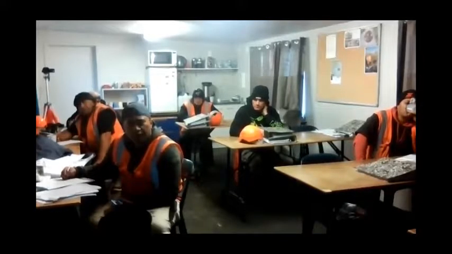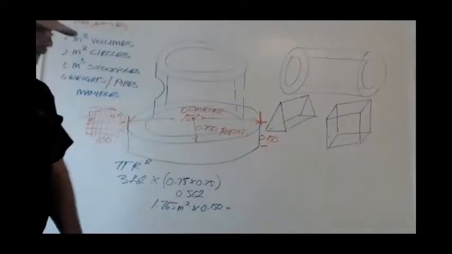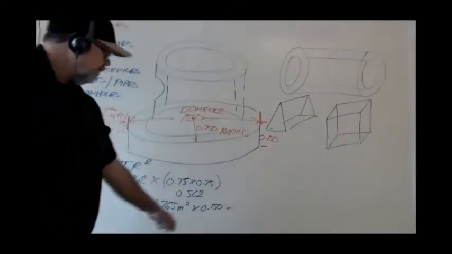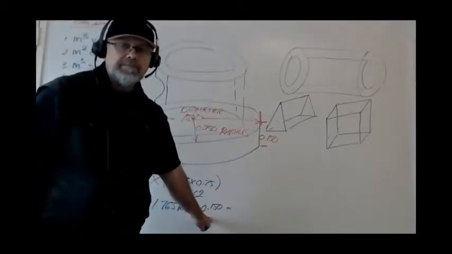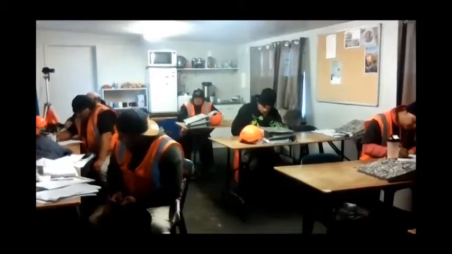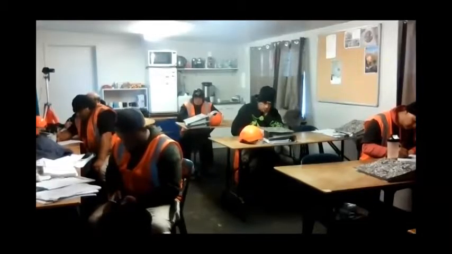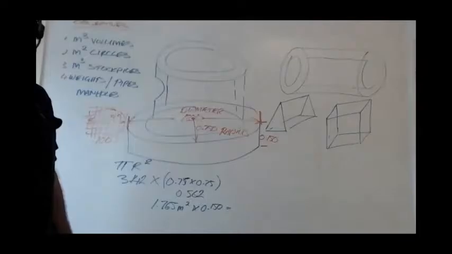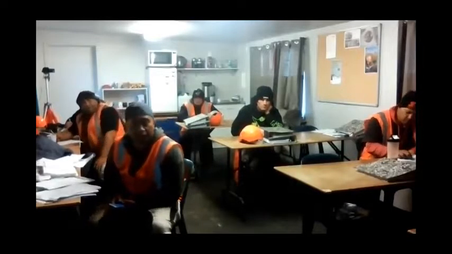0.150. Very good. You're onto it. Yep. So if you go 1.765 multiplied by 0.150. 1.765. Yep. Times 0.150.